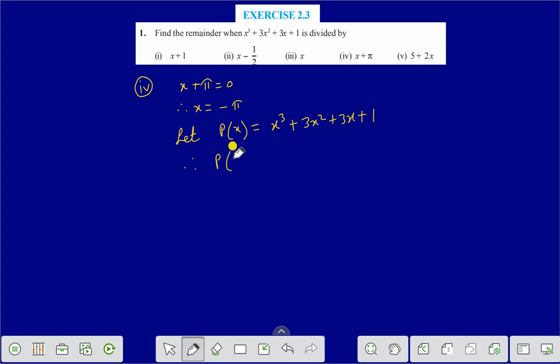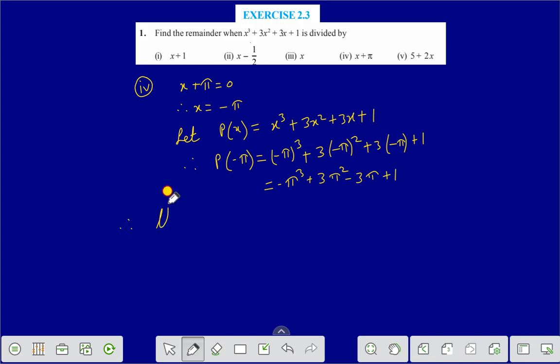Therefore p(minus pi) is equal to minus pi whole cube plus 3 into minus pi square plus 3 into minus pi plus 1, or it can be written as minus pi cube plus 3 pi square minus 3 pi plus 1.